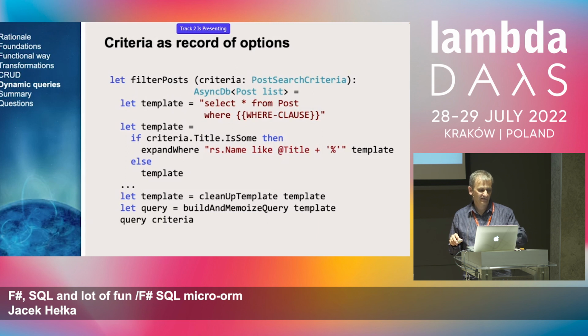We can use some template, and in this template, we can change our query according to the nullability, optionality of our parameters, then we can clean up the template from remaining placeholders, generate, and in this case, memoize this query.